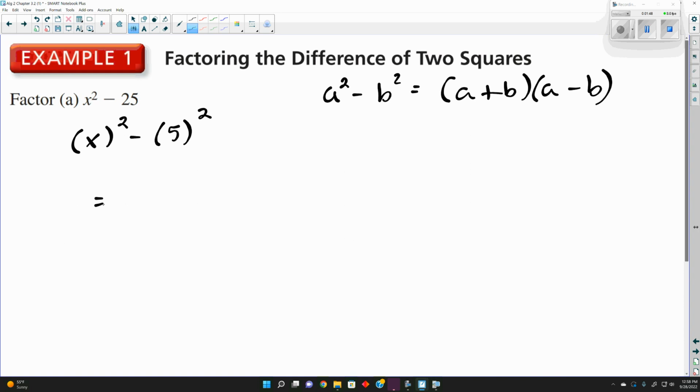Because in this case here, a is going to be our x and b is 5. So we would have x plus 5 times x minus 5. That's it.